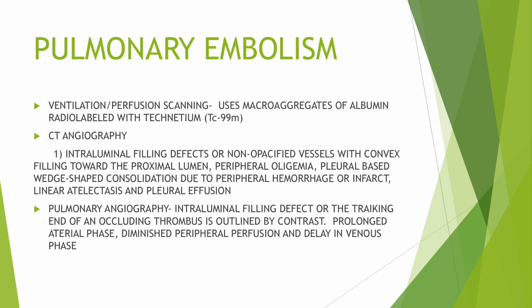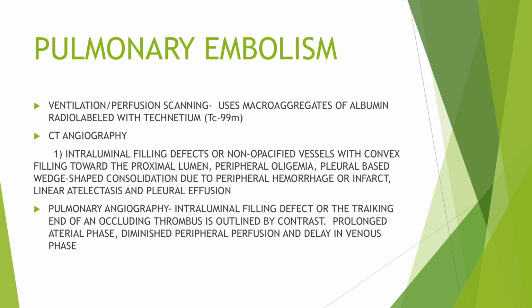To diagnose pulmonary embolism, you can request for ventilation or perfusion scanning, which uses macroaggregates of albumin radiolabeled with technetium. On CT angiography, there will be intraluminal filling defects or non-opacified vessels with convex filling towards the proximal lumen with peripheral oligemia, pleural-based wedge-shaped consolidation due to peripheral hemorrhage or infarct, linear atelectasis, and pleural effusion.